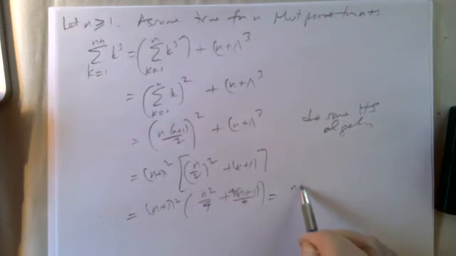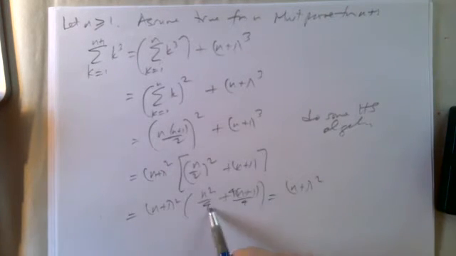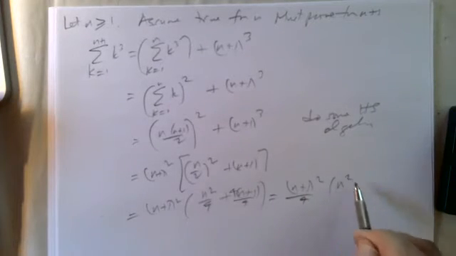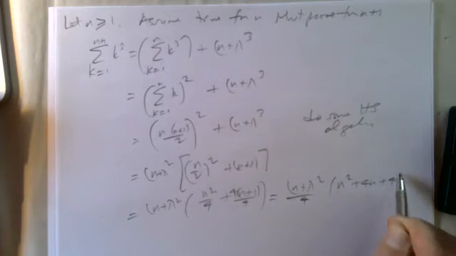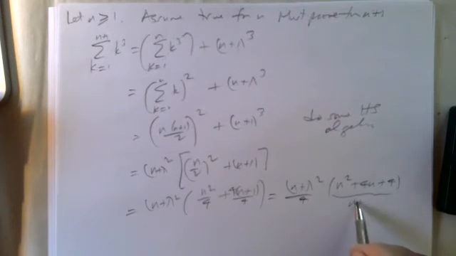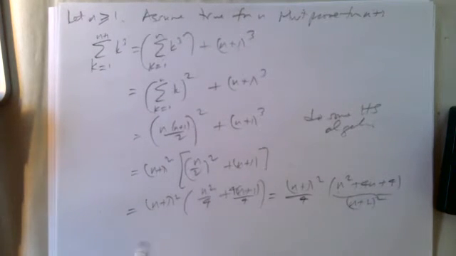So this is n plus 1 squared, factor out the 4. And what I have here is n squared plus 4n plus 4. And then you have to recognize that this is just n plus 2 squared.